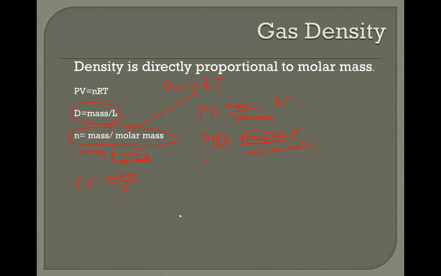So if we say P is equal to mass times R times T over the volume times molar mass on the bottom, because I've divided both sides by V, we notice that we have mass over volume here, which is the same thing as density. So that's saying that we can substitute P is equal to the density times R times T over the molar mass.